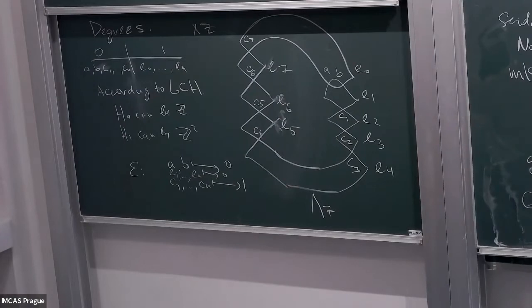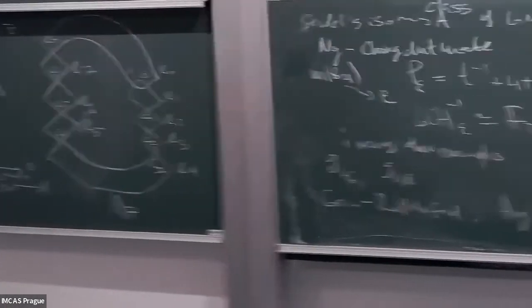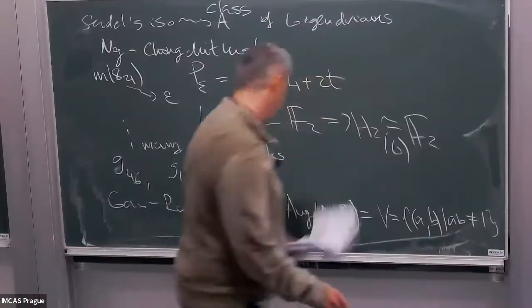the augmentation variety, the Aug of lambda f, is essentially this so-called V, which consists of A and B such that A times B cannot be equal to 1.